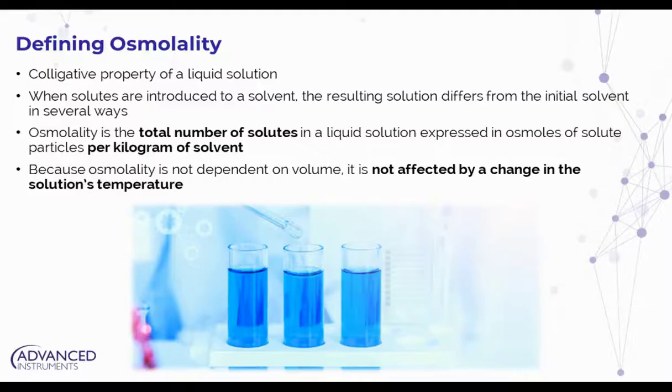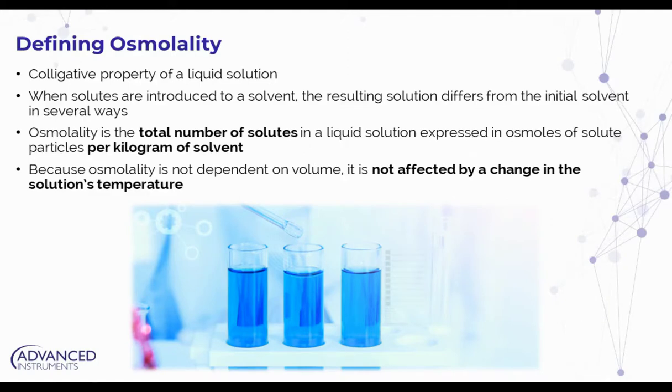So let's go ahead and get started. If we want to start by just defining osmolality, it's a colligative property of any liquid solution. So anytime a solute is introduced into a solvent, the resulting solution is going to differ from that initial solvent in several ways, and osmolality is one key measurement to really pick up on those differences. It's a concentration measurement.